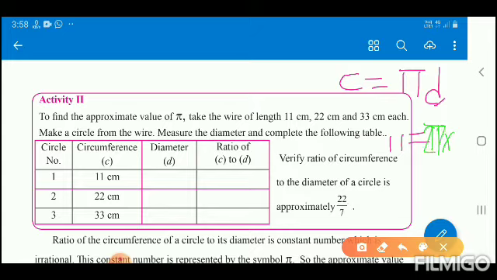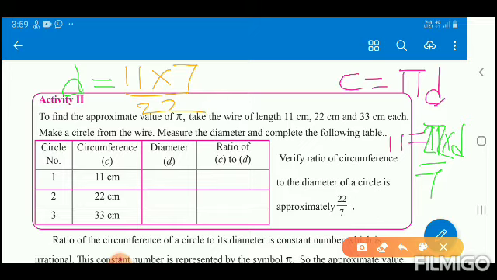So we will write here 22 upon 7 multiplied by D. Then D is equal to, what will come here? 11 into 7 upon 22. This way you can get the value of D, the diameter.